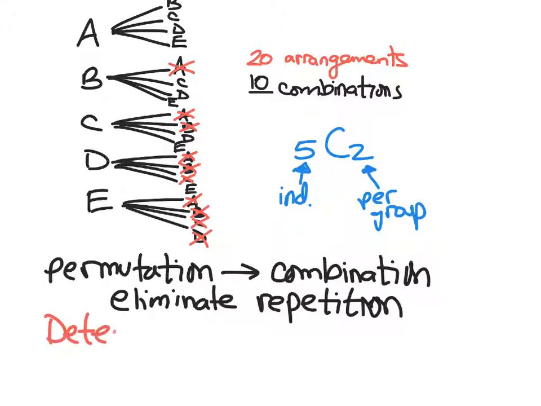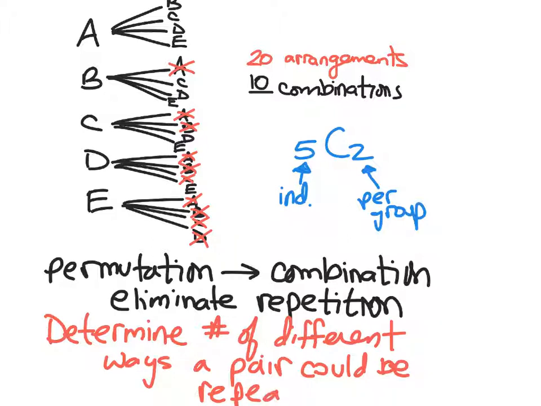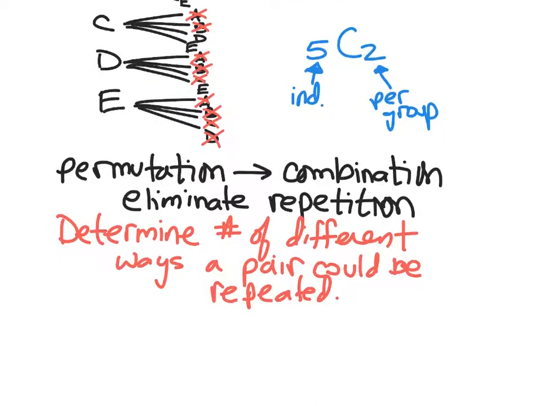So determine the number of different ways a pair could be repeated. And then you divide that into the permutation.